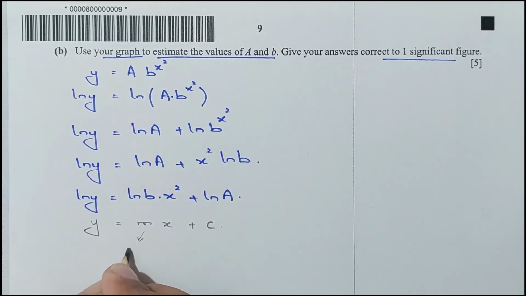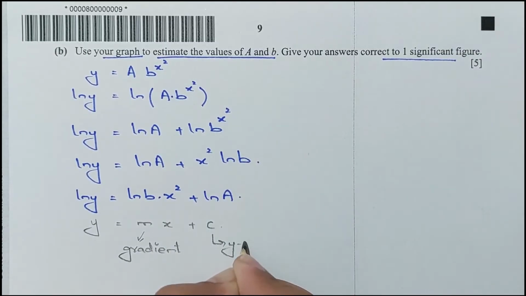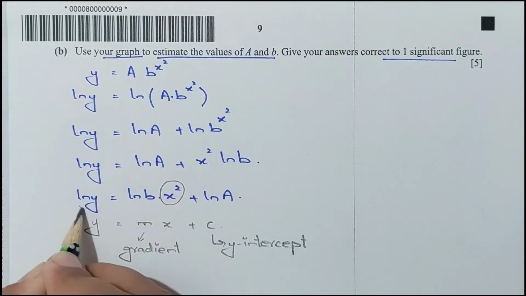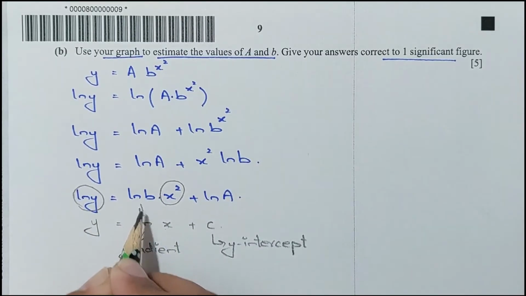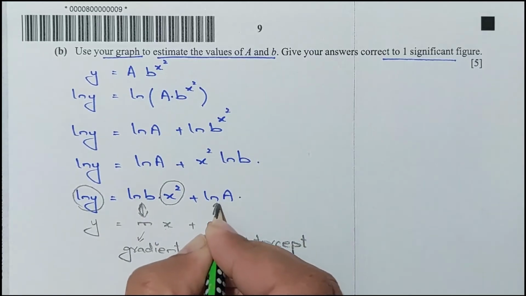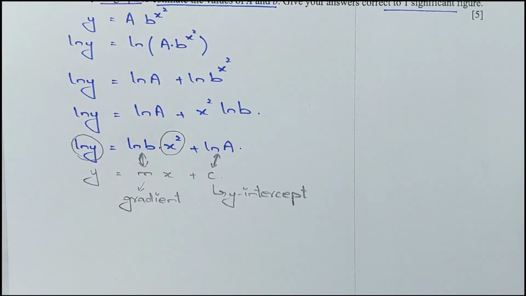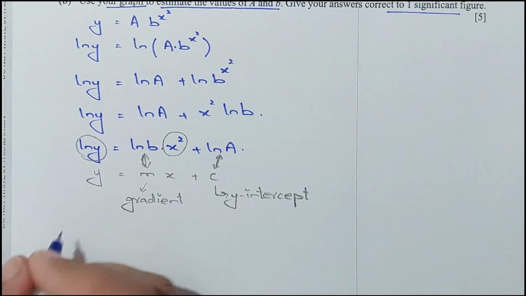So here m is the gradient and c is the y-intercept. So when we have to work in xy, now we are working in x square and ln y. So my slope or the gradient is ln b and my y-intercept or the c value is ln a. All right, this is just for the understanding.